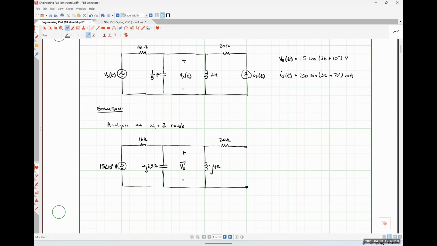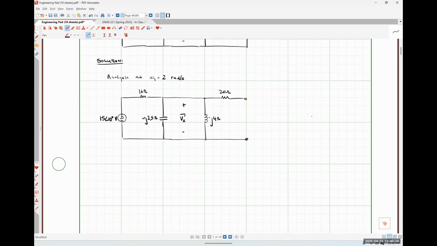You could do nodal mesh, any of those other things if you really wanted to, but not particularly necessary for this guy. So which way do you guys want to look at this? Voltage division. Okay. So using voltage division, I could say that my voltage Vx prime is going to be my known voltage. So that's 15 angle 0 degrees volts.